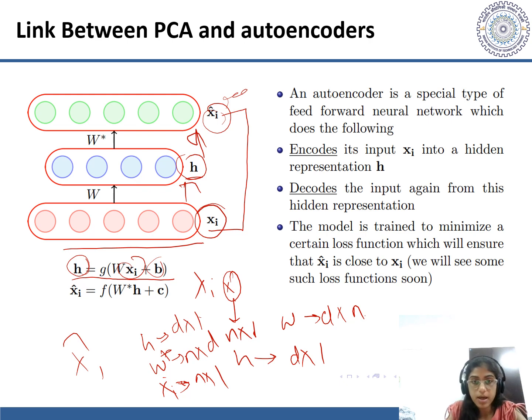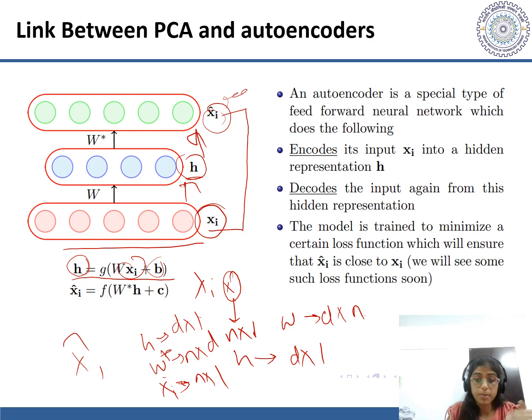So here basically I am reducing the Xi information, the dimensionality of H is less than Xi, and then I am decoding the information from H to Xi cap, which is my approximated Xi. So here I am taking into consideration the most important d out of the n information of Xi, from which I can get Xi bar, which is similar to PCA.